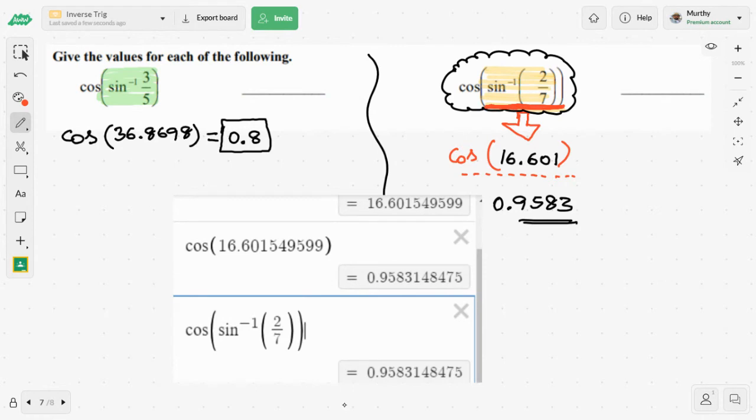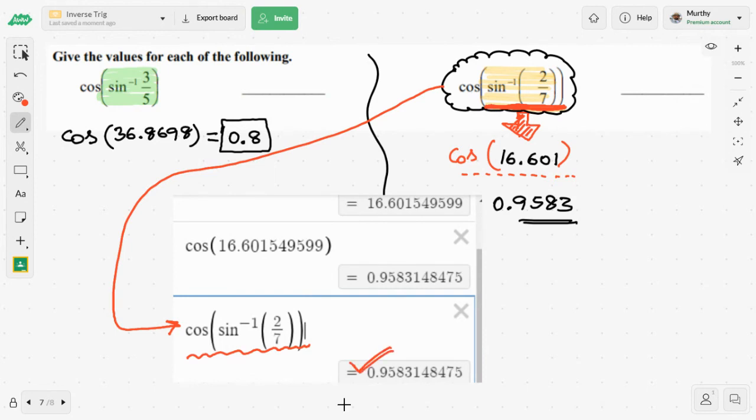After that, whatever value you get on the Desmos, you can copy it here, and then type the cos value. Or else, whatever the question is, you can straight away type it on the graphing calculator, I mean Desmos. Just type whatever is given, then you'll get the final answer straight away.